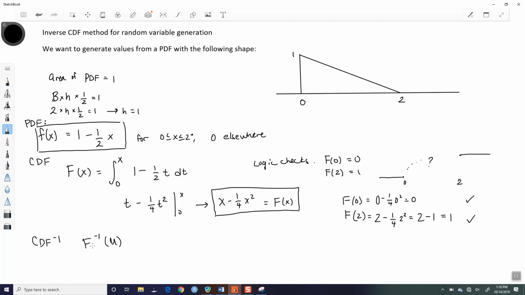It's big F of x, and we have F inverse of u. The way we're going to do this is we take our F of x, we set it equal to u, and then we solve for x, okay?